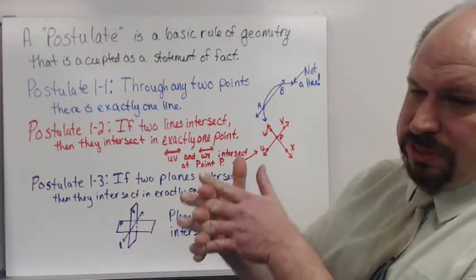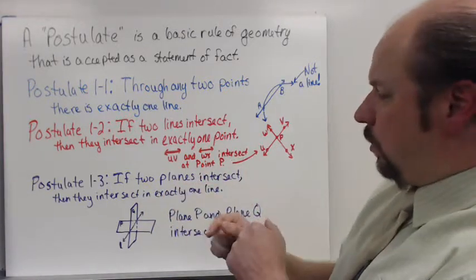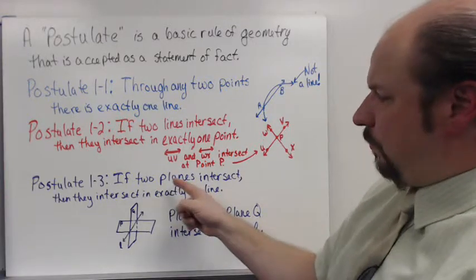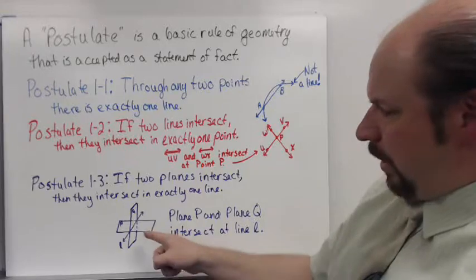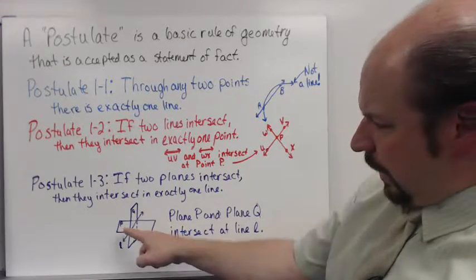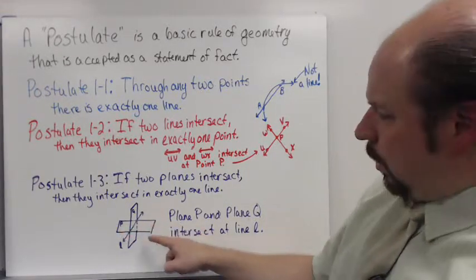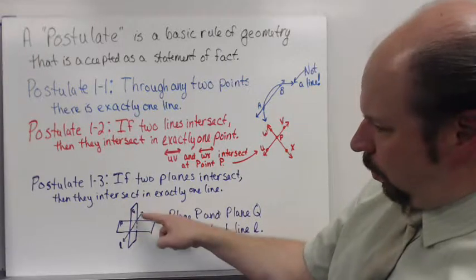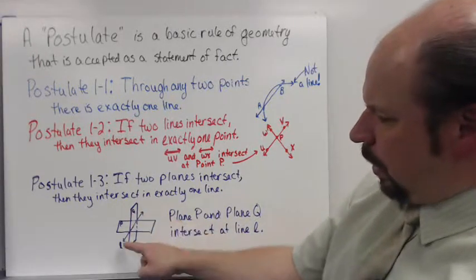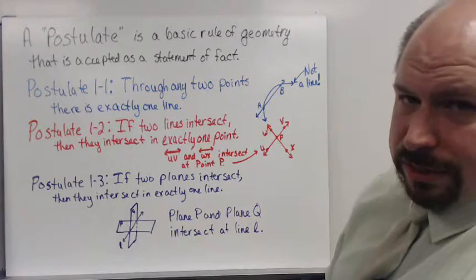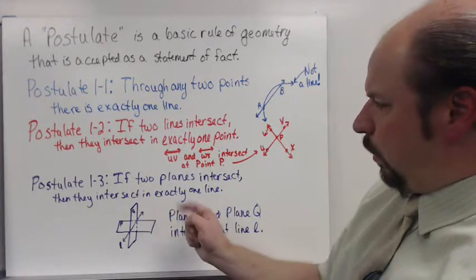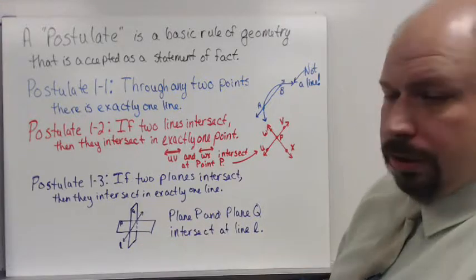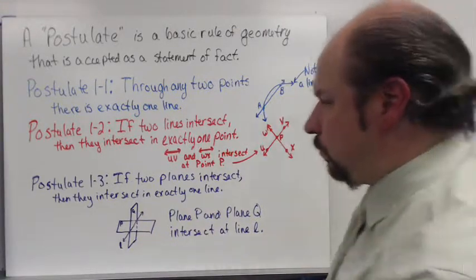Below I've drawn plane P and plane Q, and the line L is the intersection of those 2 planes. So if 2 planes intersect, it's in exactly 1 line.